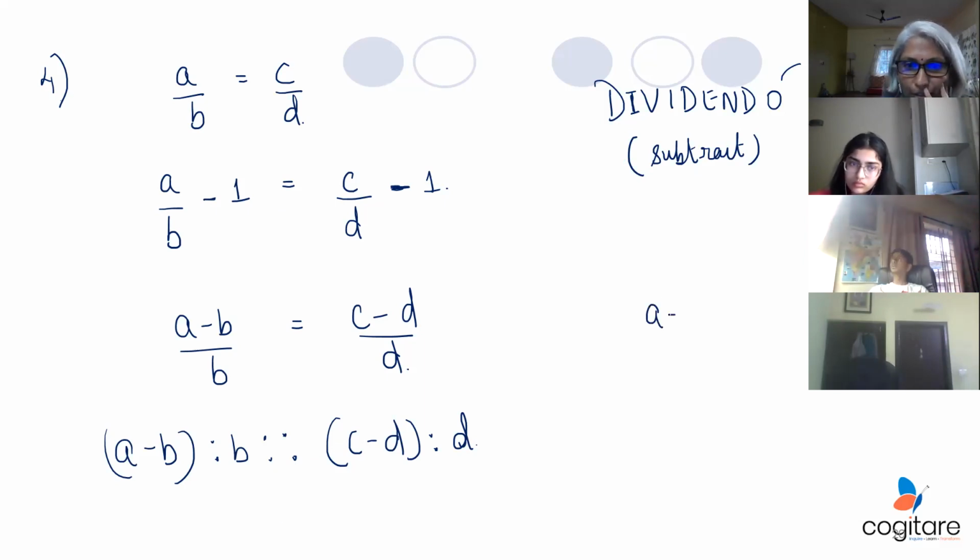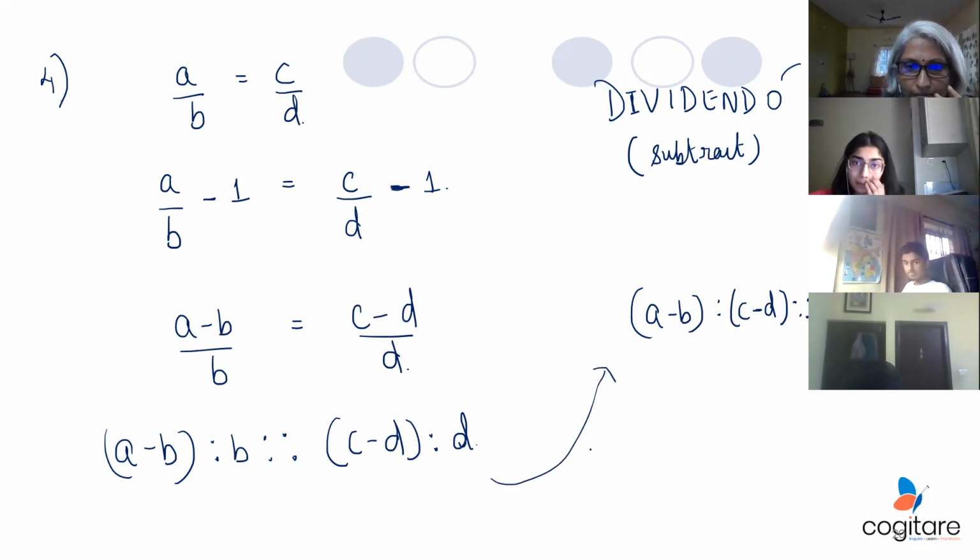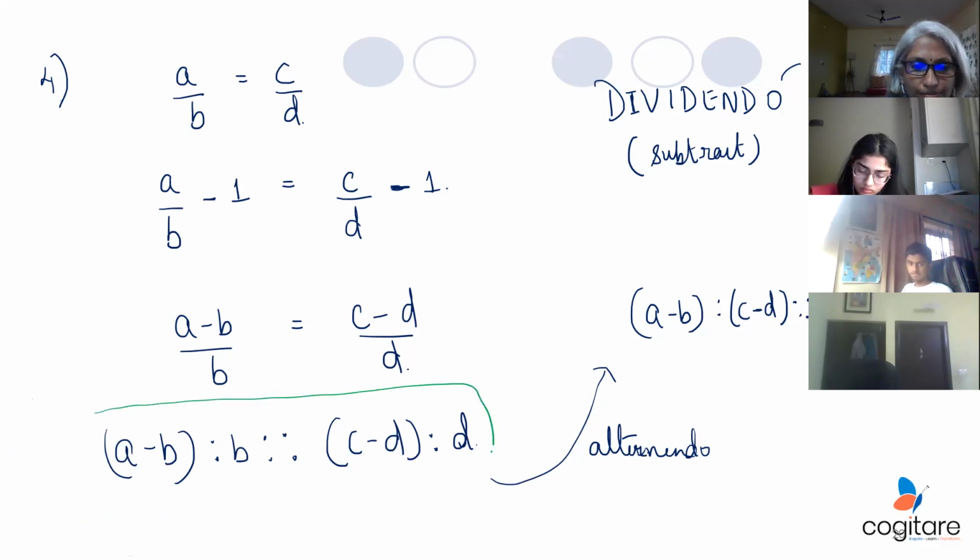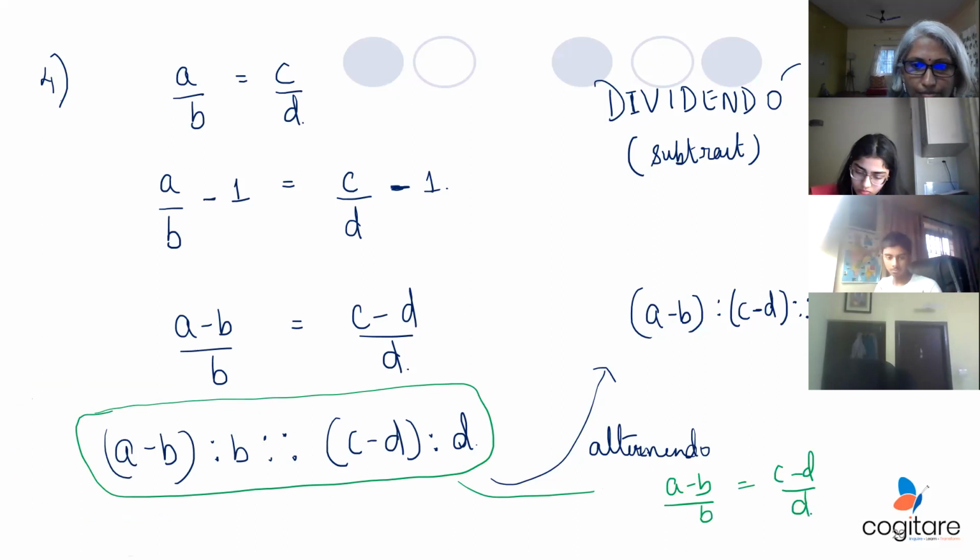If I alternate here, the result could also be A minus B is to C minus D is as B is to D. This means I'm applying alternando. Done?